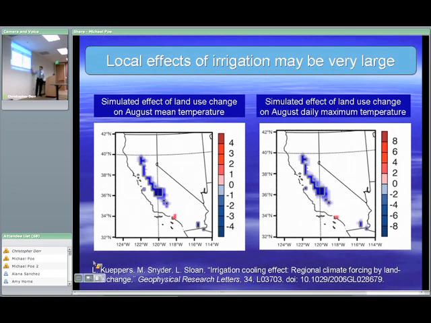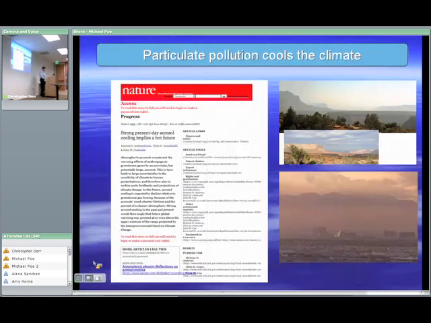The effect on the daily maximum temperature in August is even larger than that. Again, this is probably an overestimate, but the point is that locally, the effects of irrigation are potentially very large. The other thing I should say is that these models are consistent with the observations in that they show the effect of irrigation is primarily in summer and primarily in daytime.